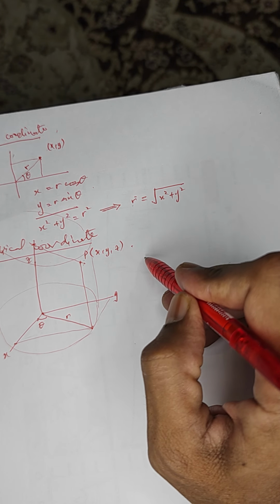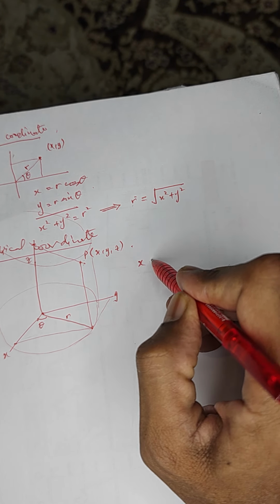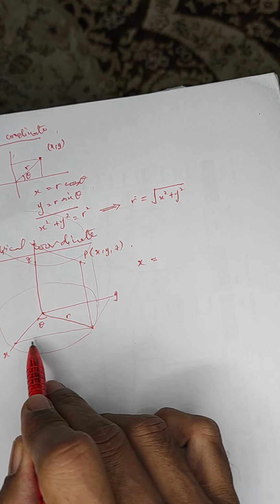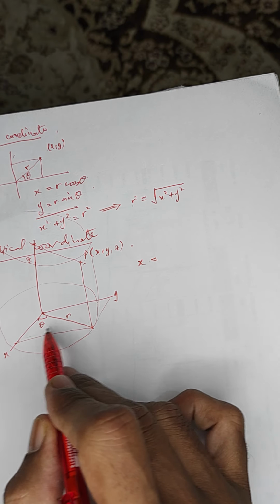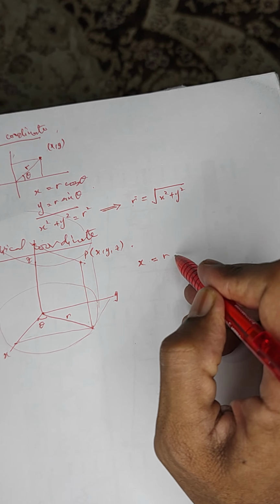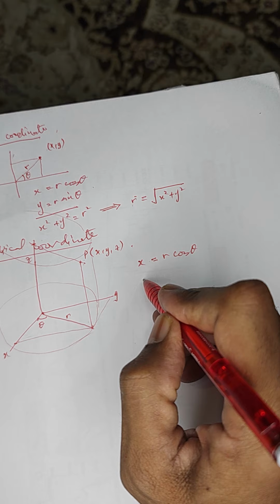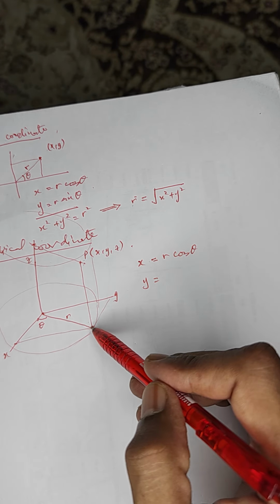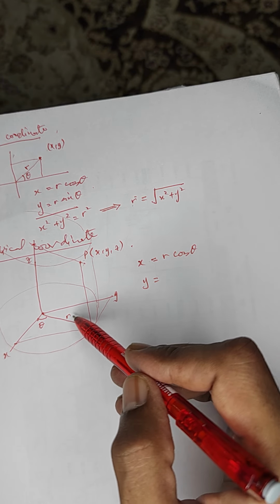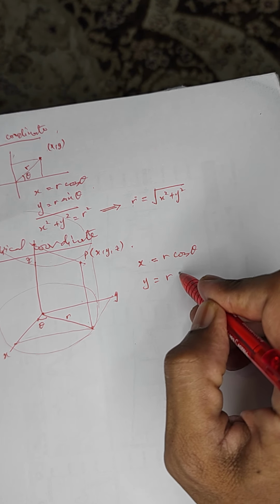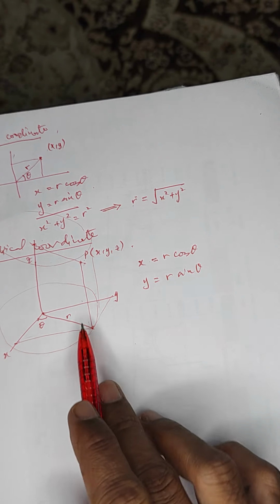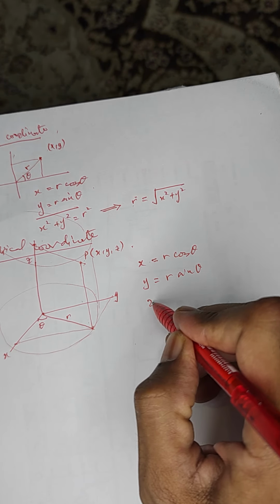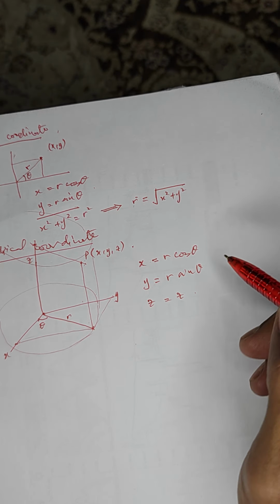We have x represented as r cos theta, and y, this is y, is r sin theta, and the height z is given as z. So z is equal to z.